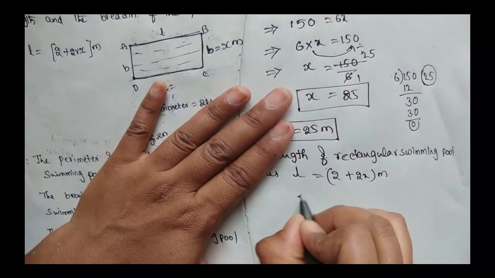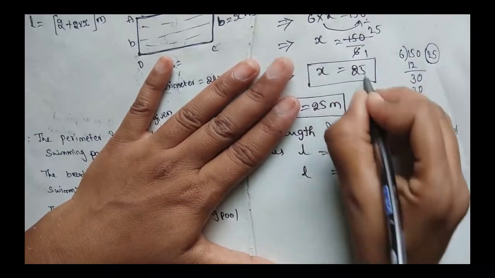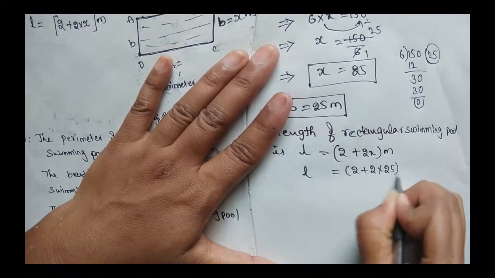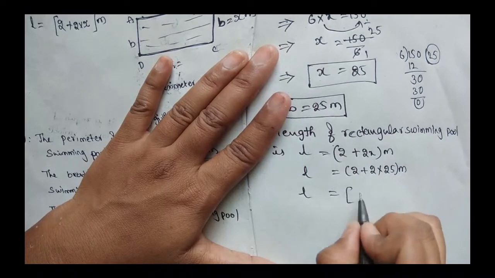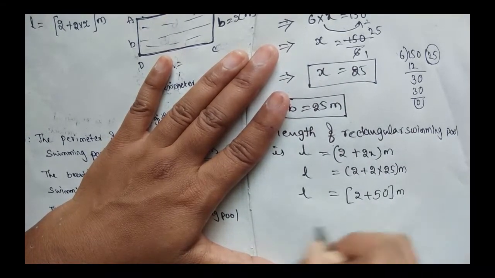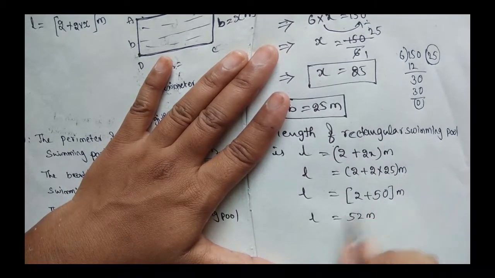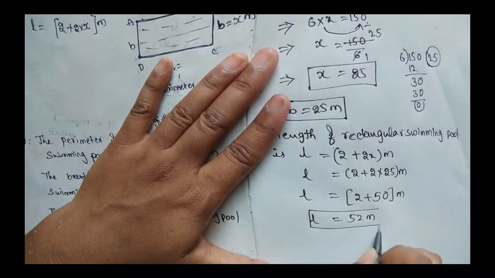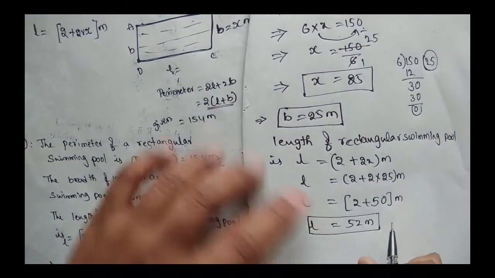So L equal to 2 plus 2 into 25 meters. 2 25s are 50, so L equal to 52 meters, by adding 2 and 50. Here the answer was breadth 25 and length 52 meters.